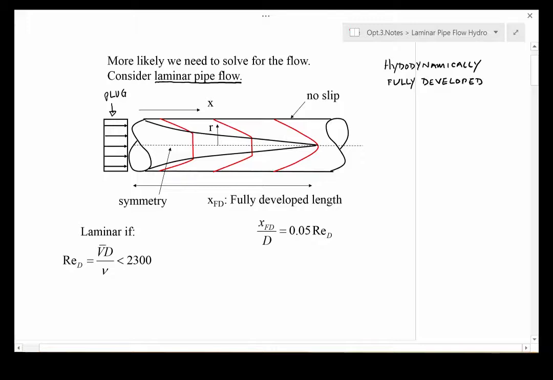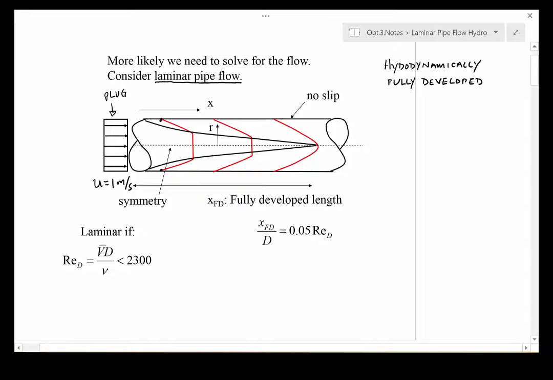The development process in the hydrodynamic entry length problem is the process by which the velocity starts off as this plug flow. So imagine a situation where the velocity comes in flat at 1 meter per second. And we know that the no-slip condition on the wall forces the velocity to immediately go to 0 meters per second at the wall.